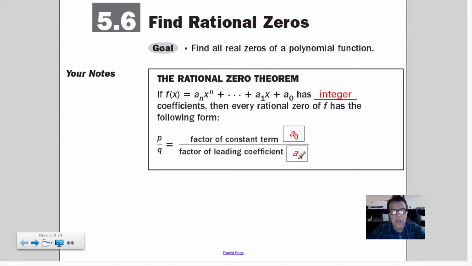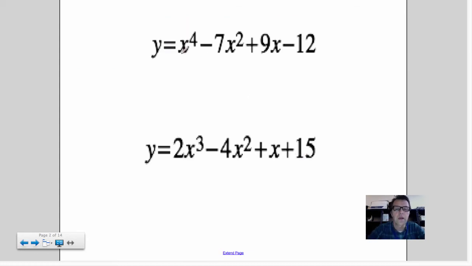Yikes, that's a mouthful. Let's do some examples and try to really get to the heart of this. So I made up these two polynomial functions. Fourth order, leading coefficient here is 1, and the constant term here is 12. So here are the possible rational zeros. The factors of 12 are 1, 2, 3, 4, 6, and 12.